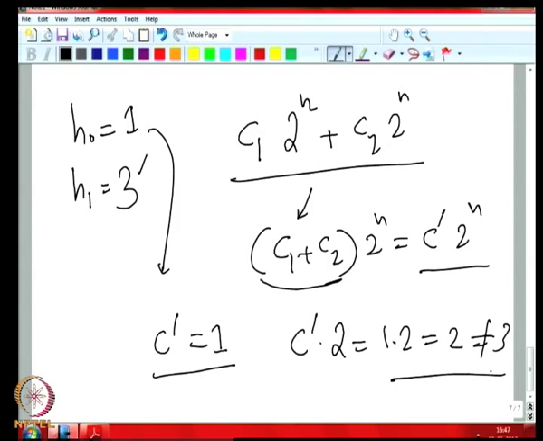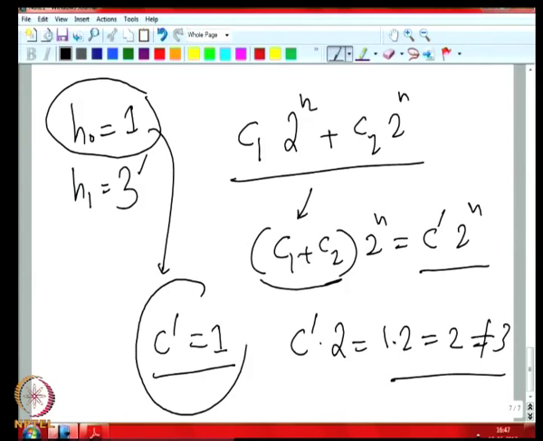So in other words, first I selected c dash to match the value of h0, and we have only that one constant. If by luck this was also 2, it will work out, but if it was 3, or something else like 4, it won't work out, because whichever constant is here, it has to be 2 times c dash, right. So it won't work out.